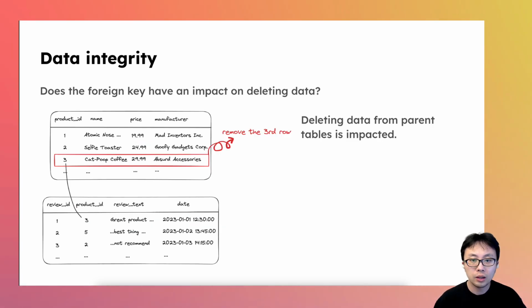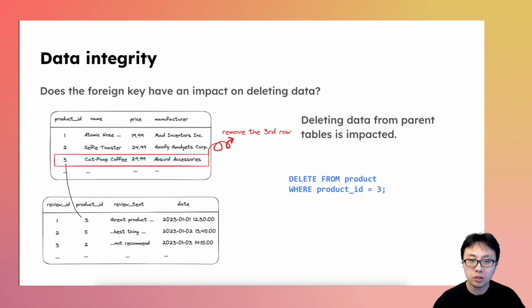Deleting data from parent tables is also impacted. For example, if you try to delete the third row from the product table, the row whose product ID value is 3, then you are going to rely on the help from this query. Delete from product where product ID is equal to 3.